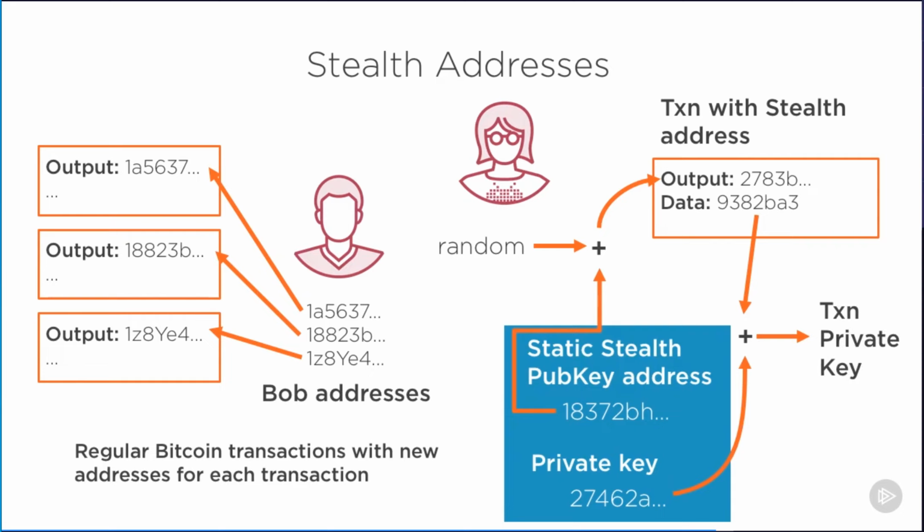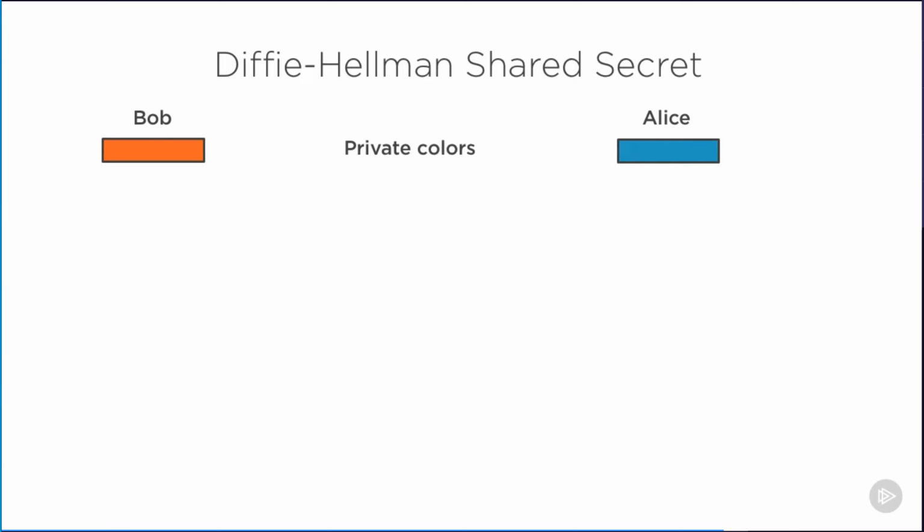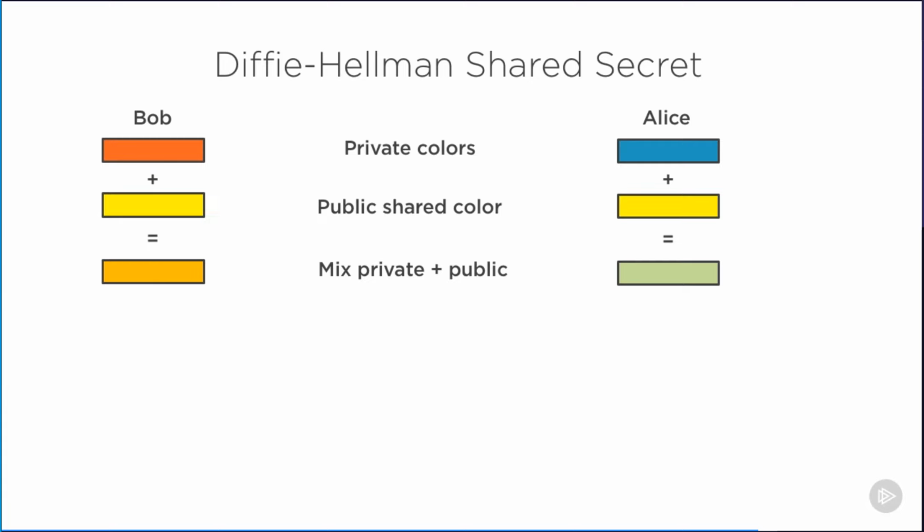It uses the shared secret approach from a Diffie-Hellman key exchange. A color analogy is a great way to explain it. The goal is for Bob and Alice to calculate a secret color that no one else can determine. They each start off with a personal secret color, somewhat like a private key. Then they agree on a shared public color, yellow. They each mix their secret color with the shared color and pass the result to each other.